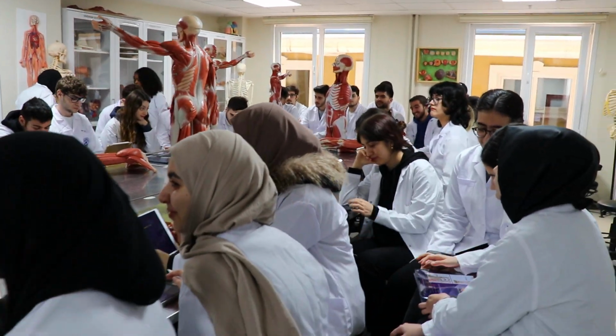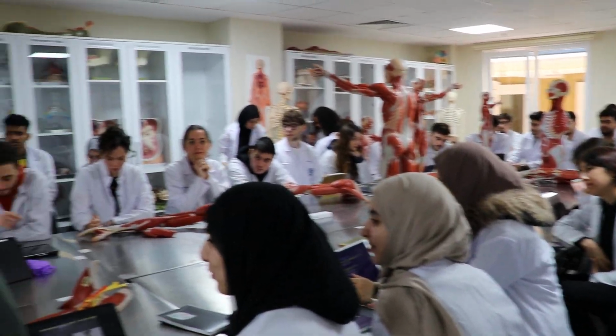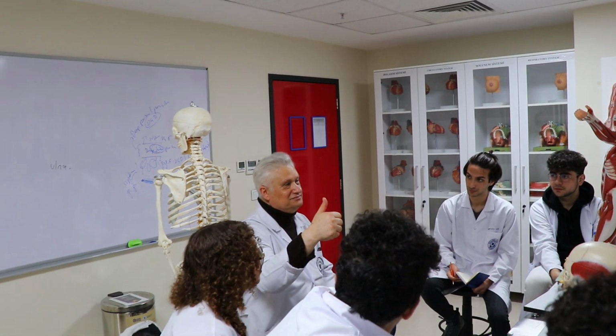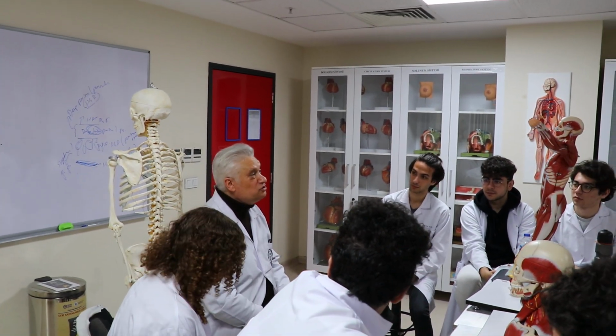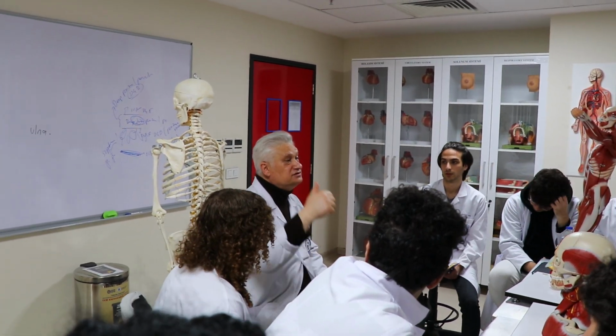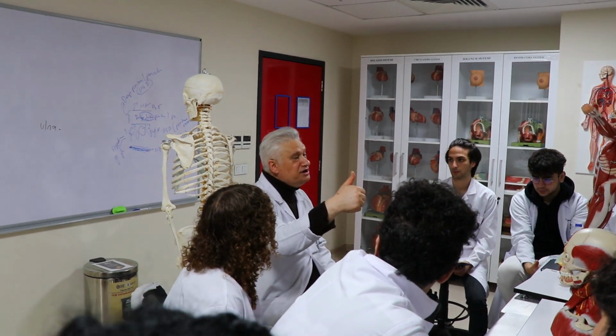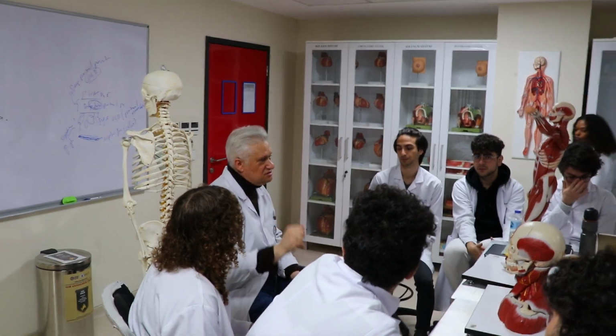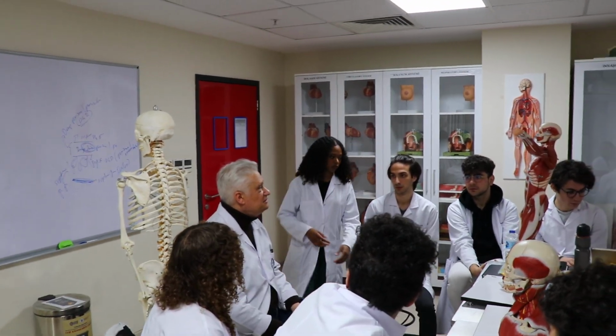Okay. All right. So the dorsal scapular nerve innervates which muscles? Rhomboid minor, rhomboid major, and levator scapulae. Three muscles. Okay, let's say it all together.